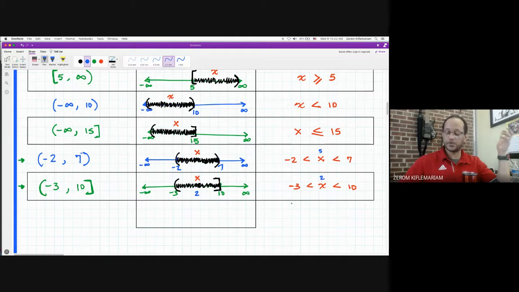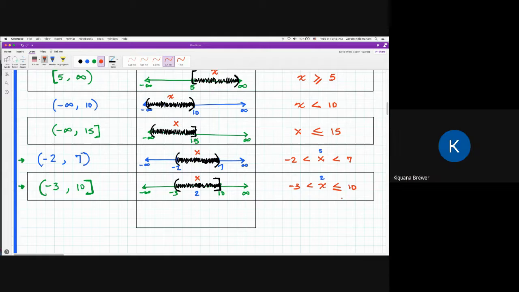If I plug in 2, -3 is less than 2, that's a correct symbol. 2 is less than 10, that's also correct. But on the left side it is parentheses, so less than is okay. On the right side is a bracket, so this should have been not only less than, it should have been less than or equal to. Does that make sense? Yeah.